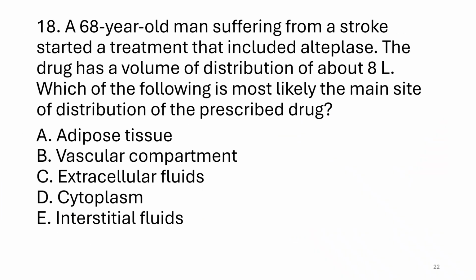Question number 18. A 68-year-old man suffering from stroke started treatment with alteplase, a fibrinolytic agent to break down the fibrin. The volume of distribution is 8 liters. Which of the following is most likely the main site of distribution of this prescribed drug?